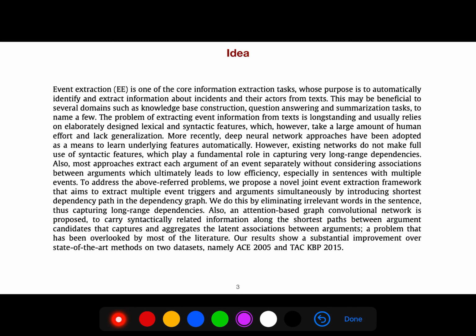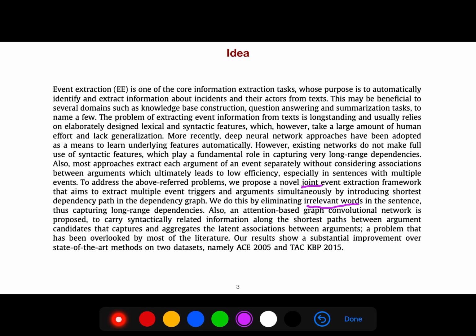So we propose a novel joint event extraction framework that aims to extract multiple event triggers and arguments simultaneously by introducing shortest dependency path in the dependency graph. We do this by eliminating irrelevant words in the sentence, thus capturing long-range dependencies.